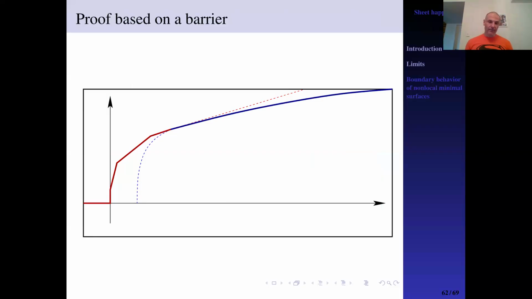And okay, the proof of this phenomenon is in this case not easy. You have to cook up a suitable barrier that is basically obtained by the infinite iteration of power-like functions and straight lines.